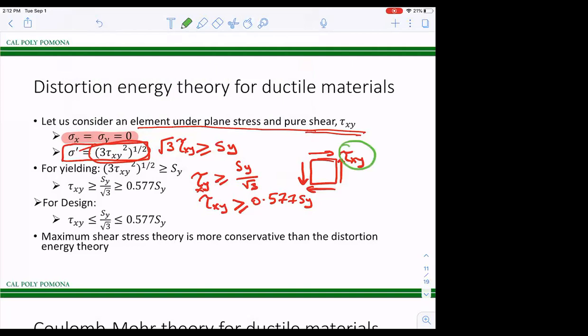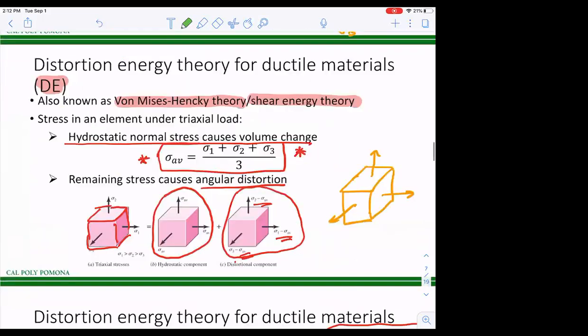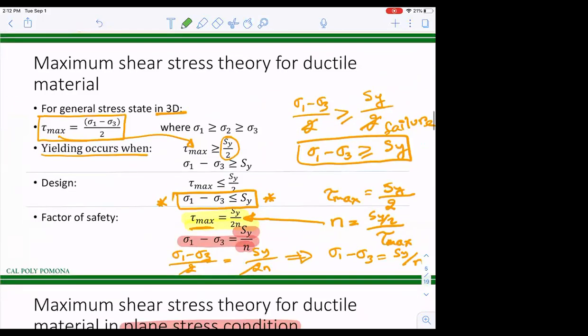So in order to avoid failure, what do I have to do? I have to keep this applied shear stress less than or equal to 0.577 times the yield strength. Do we agree with this, people? Yes. Okay, now let's look at what the percentage was for the maximum shear stress theory.